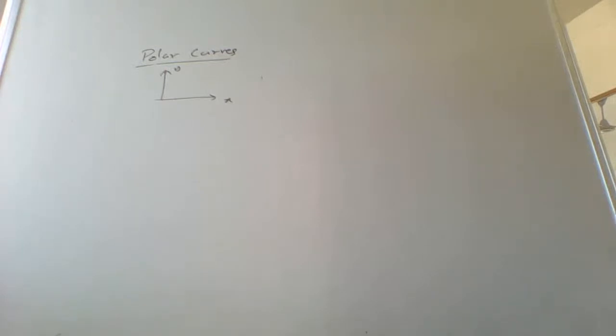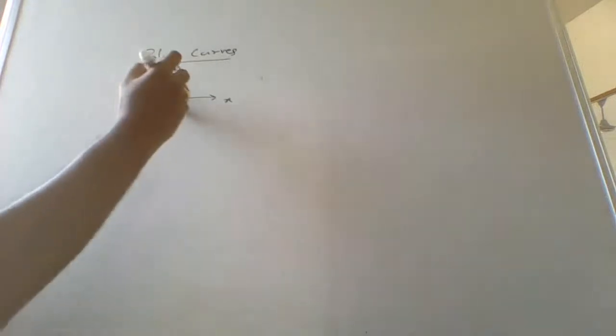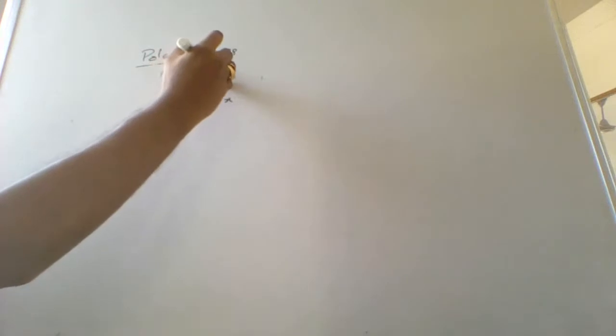If I try to draw a line from here, somewhere around here, and I consider this as r, and this is the point r comma theta, which makes an angle theta.